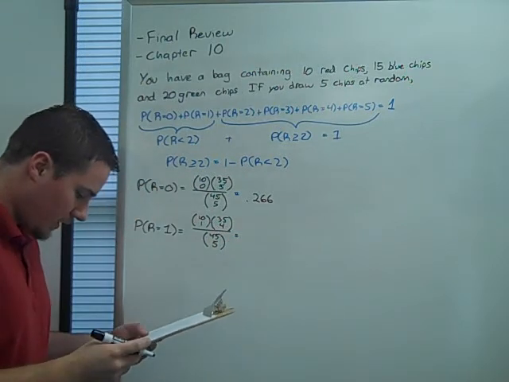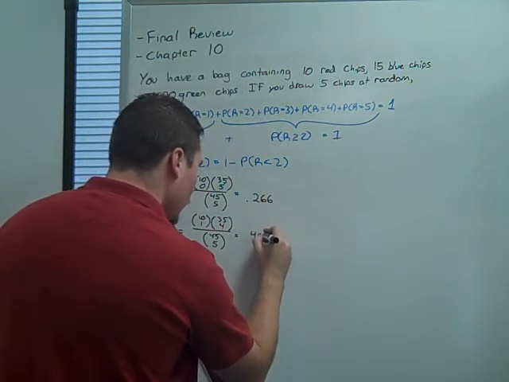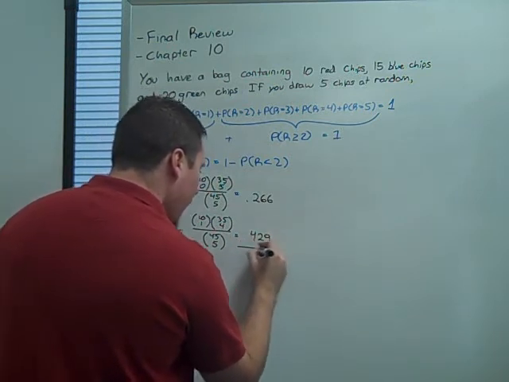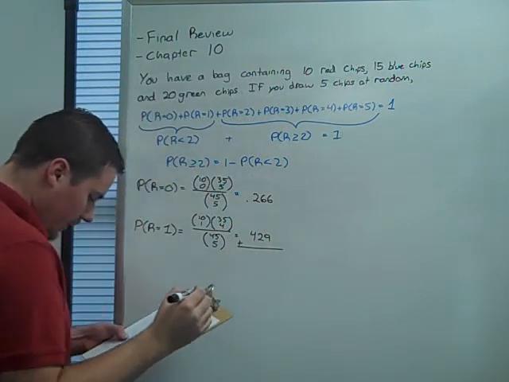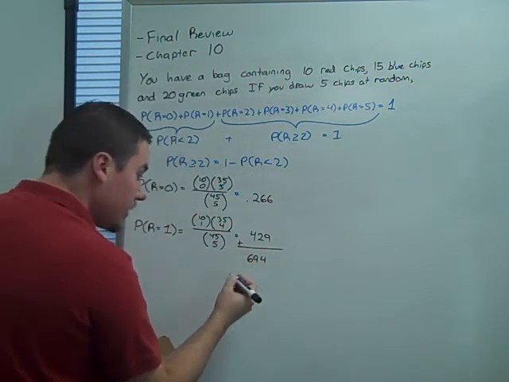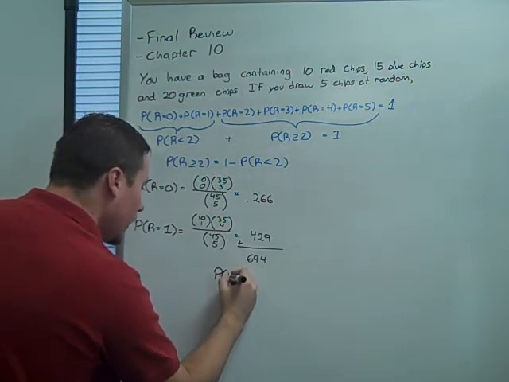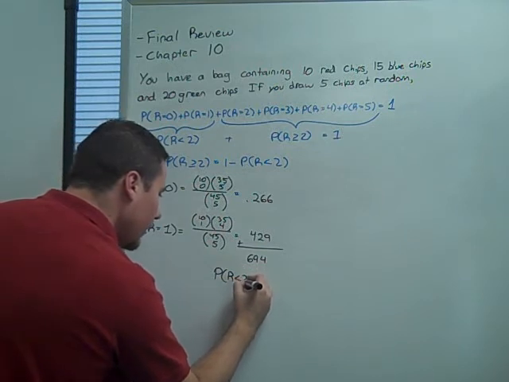That's going to give me 0.429. I add these together and I get 0.694. And what is 0.694? That's the probability of getting less than 2 red.